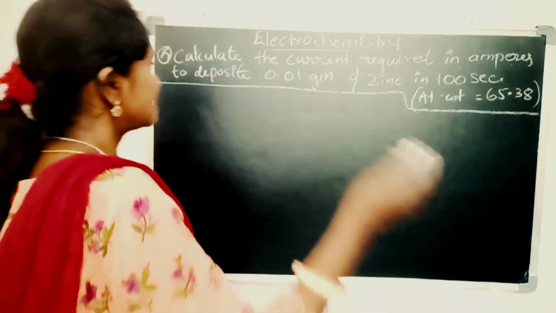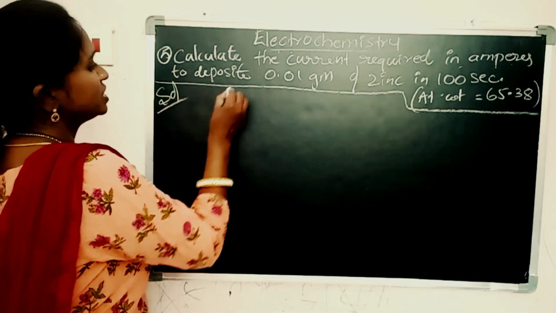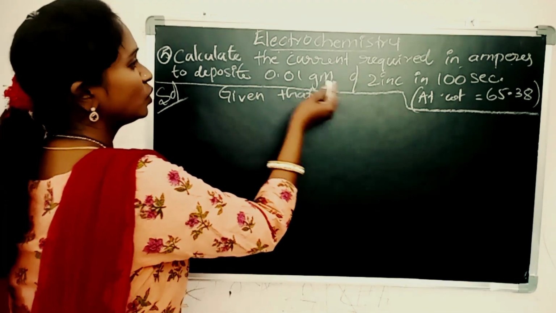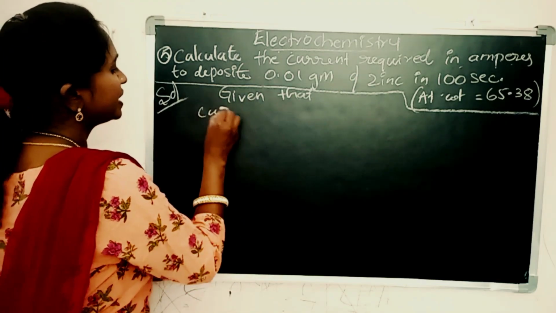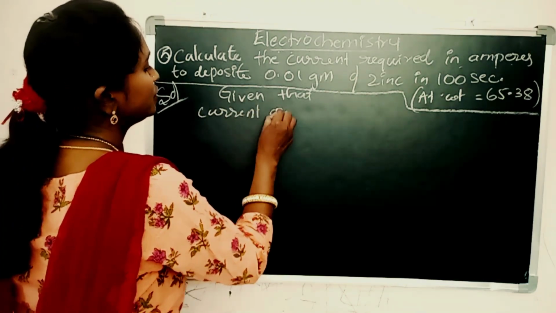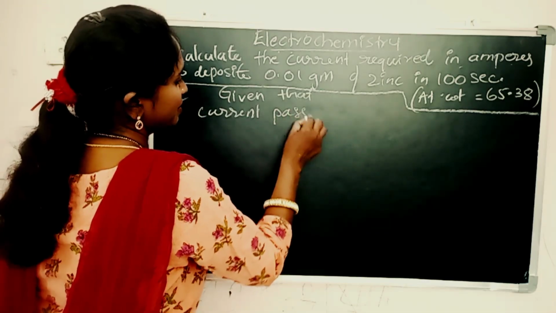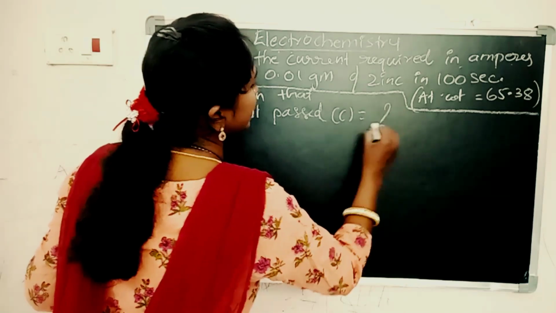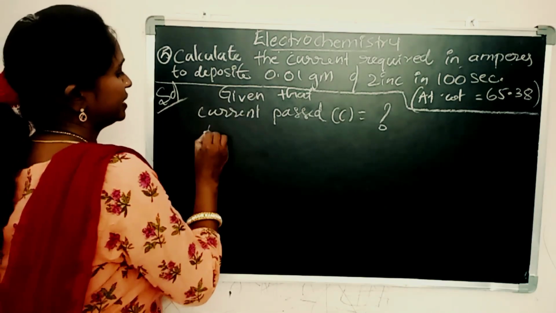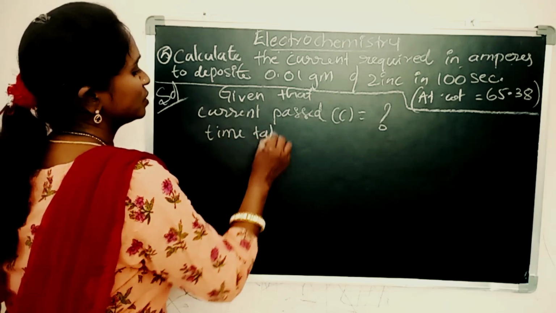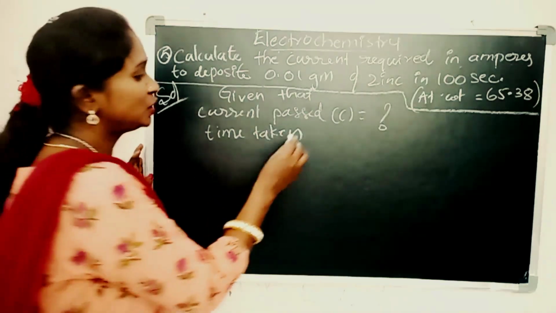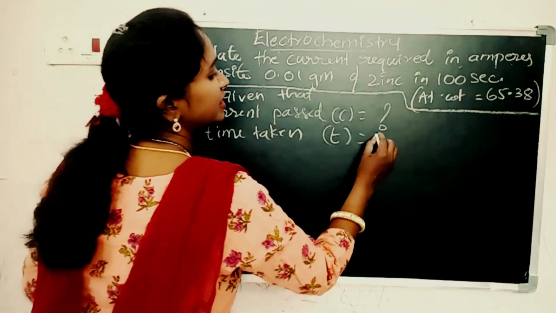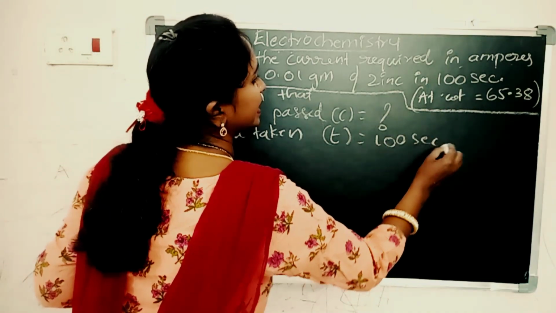Okay, so first, given data. Current passed in amperes is what we have to calculate. Next, time taken to deposit means small t: 100 seconds.